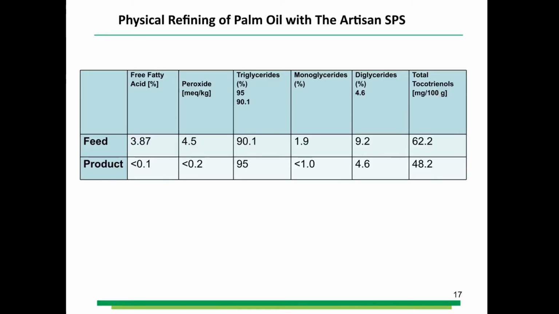And as we can see, the triglycerides also increase because the short path distillation multi-stage evaporator also removes monoglycerides and diglycerides. As a side point, we also noticed that the removal of tocotrienols is minimal, and this would involve some optimization trials according to the customer's needs.